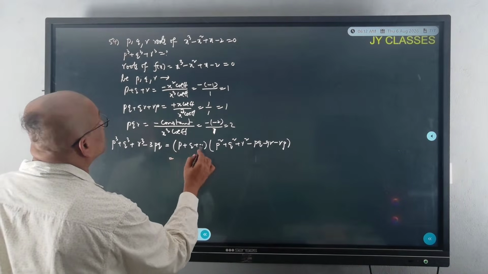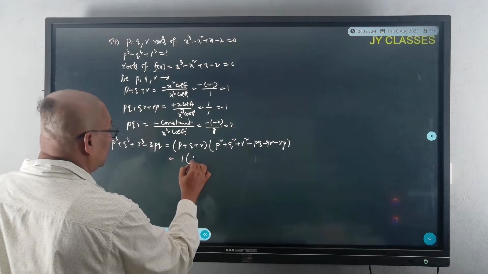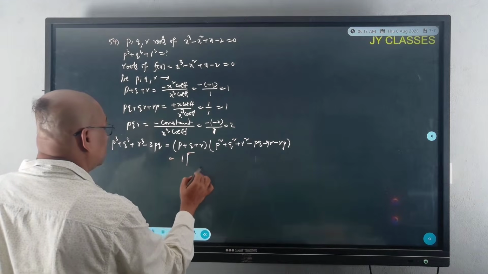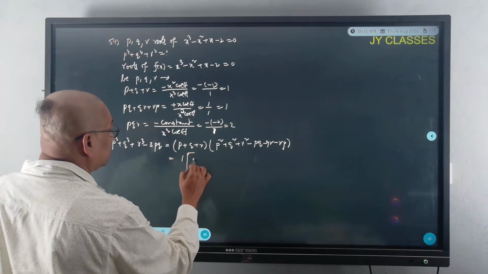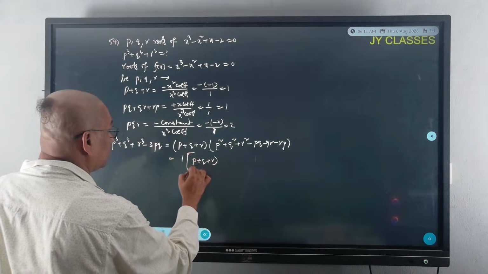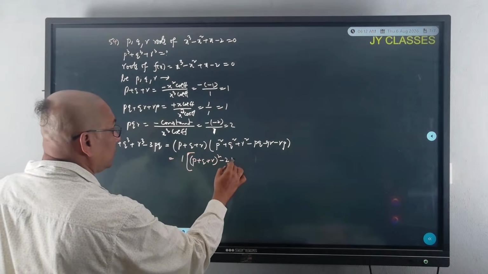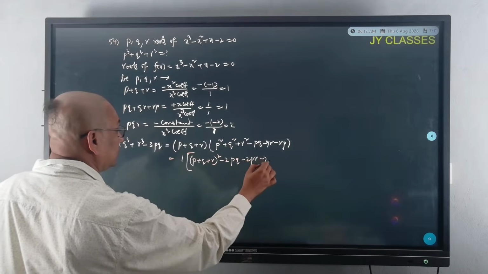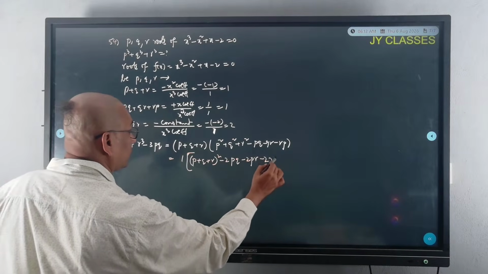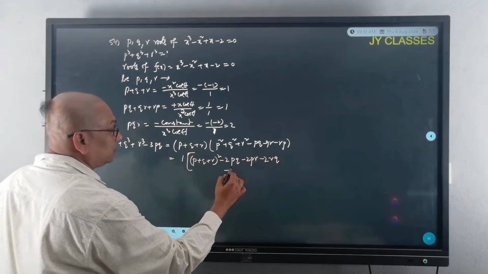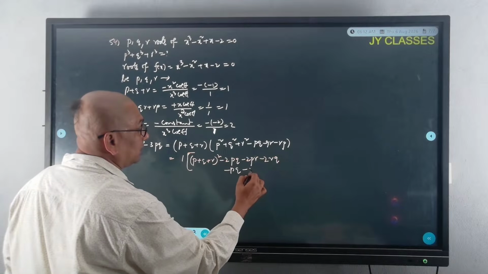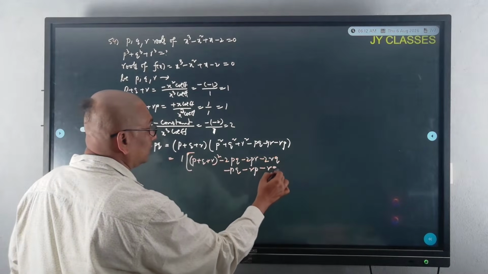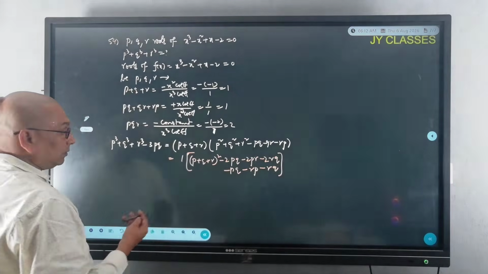In this, what is p plus q plus r? 1 into, this is p square plus q square plus r square, p plus q plus r whole square minus 2pq minus 2qr minus 2rp. Already minus pq minus qr minus rp is there, right?